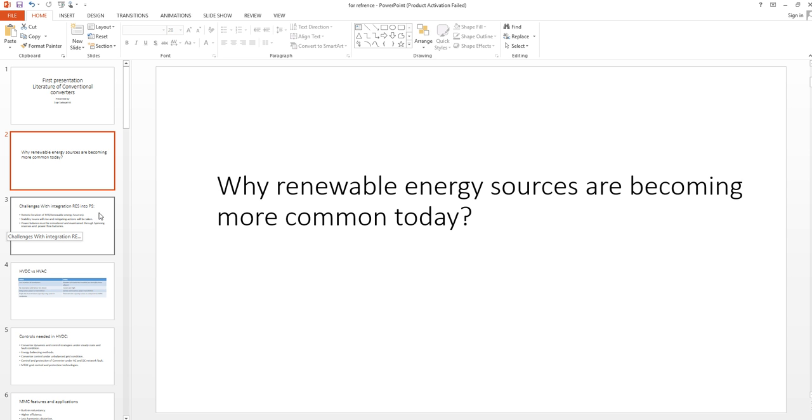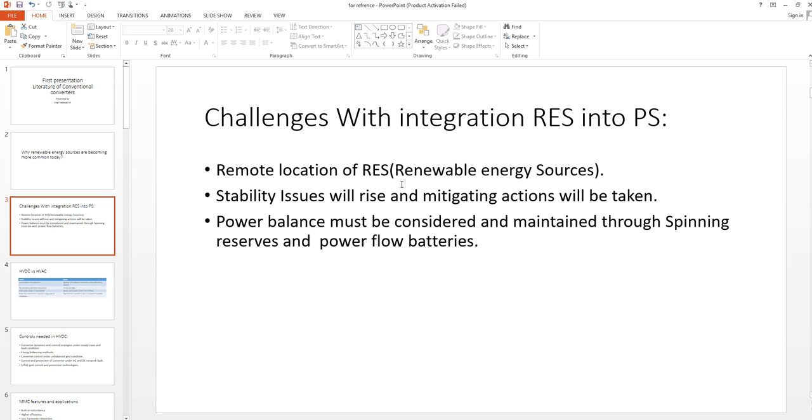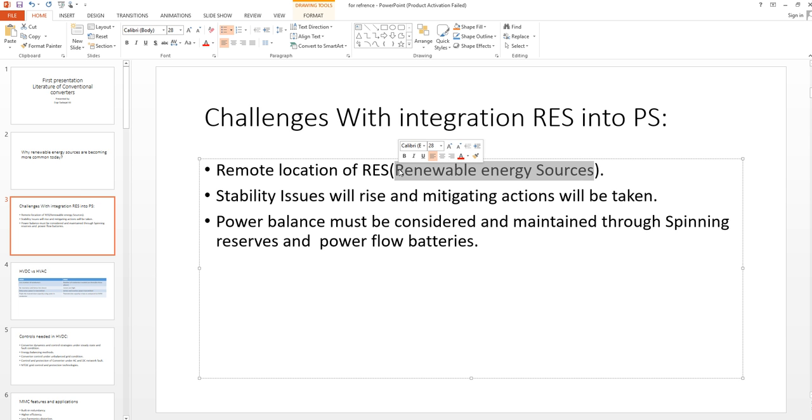So you see, these are some of the challenges of the remote location of renewable energy sources like wind power plants that are installed in very remote locations.